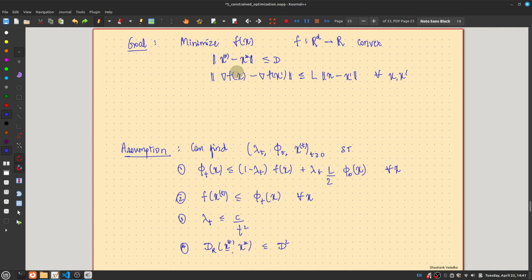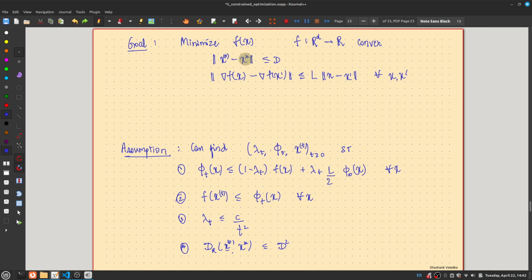So again, let's recall the assumptions that we've made on the problem. The goal is to perform unconstrained minimization of some convex function f of x, right? We assume that we're not too far away from the actual global minimum.